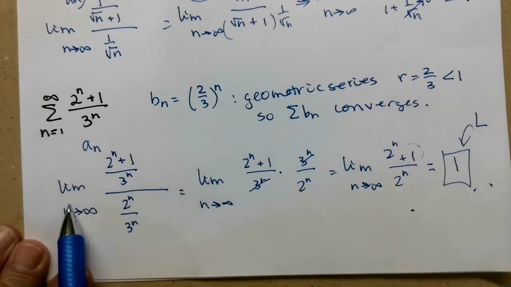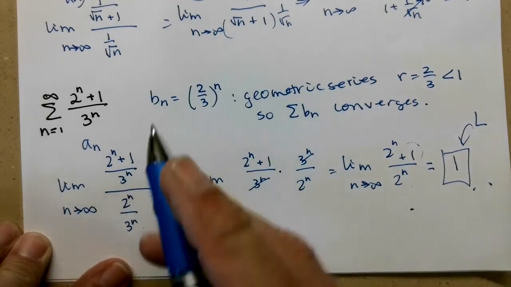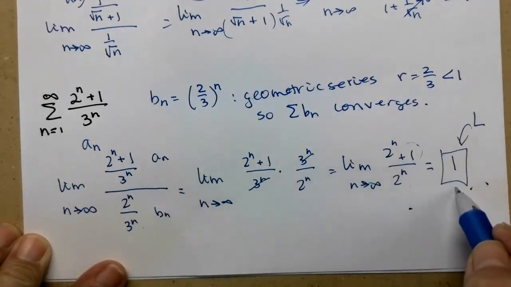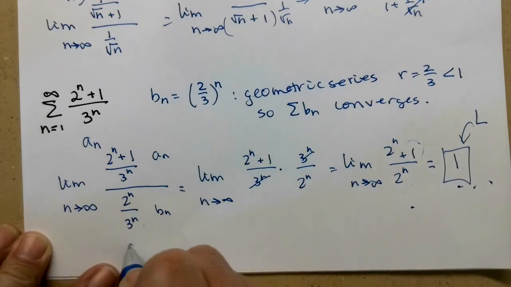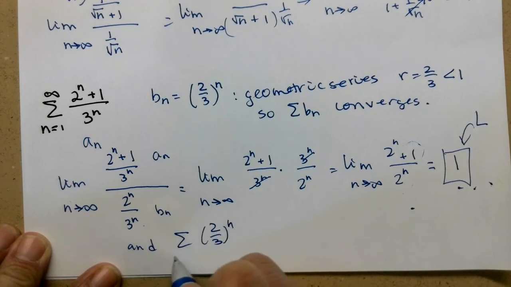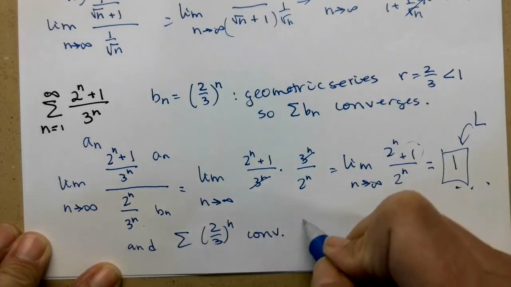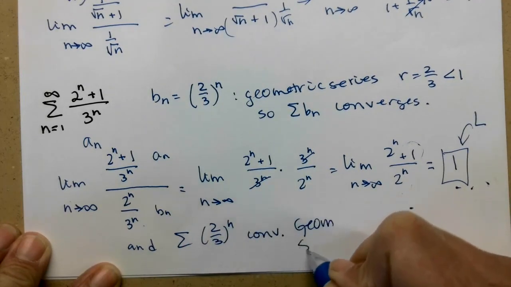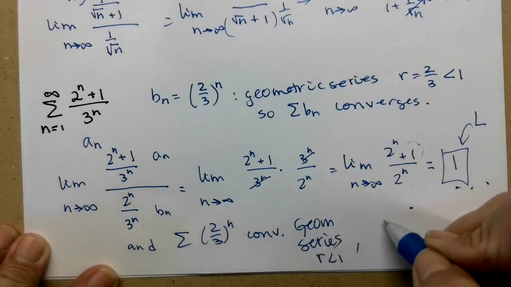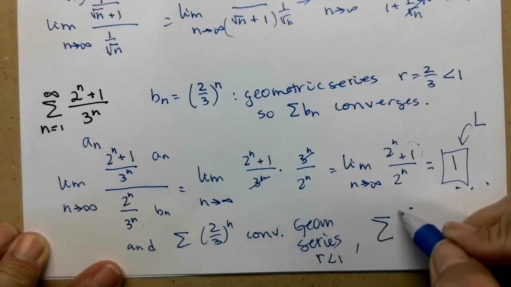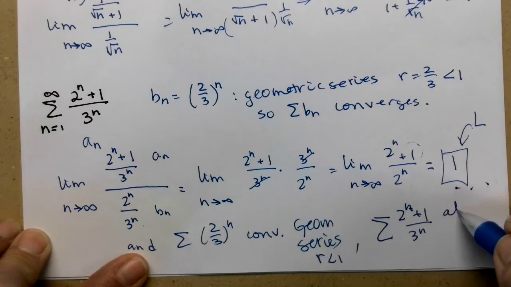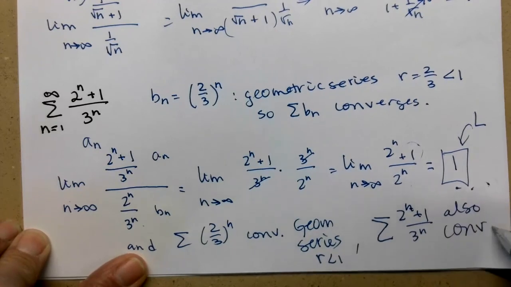So since the limit of a sub n over b sub n equals 1, and b sub n converges because it's a geometric series with r less than 1, then the series we were given, 2 to the n plus 1 over 3 to the n, also converges.